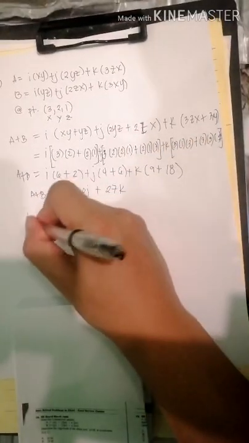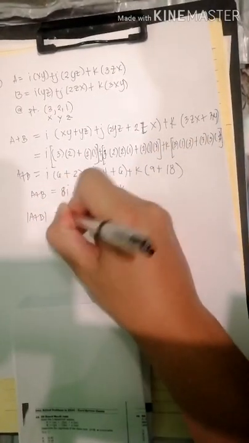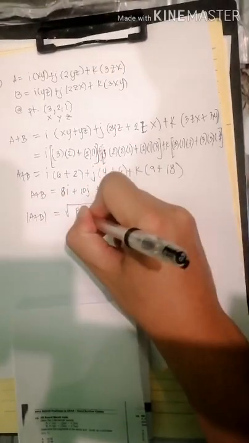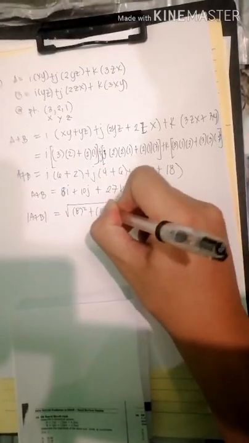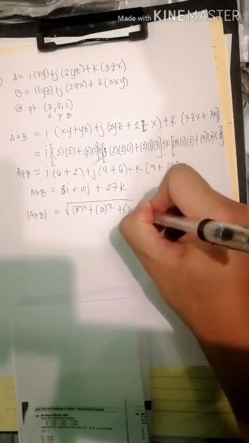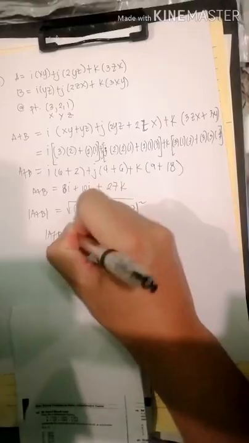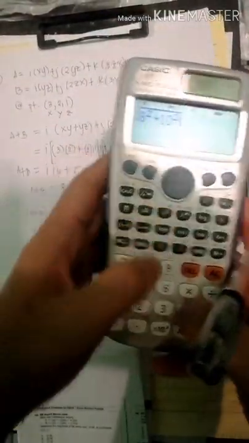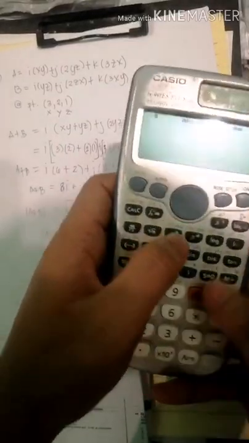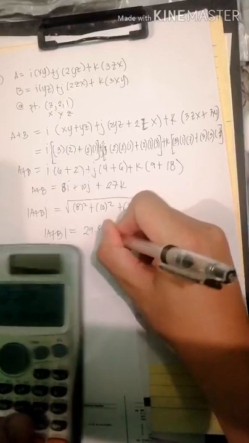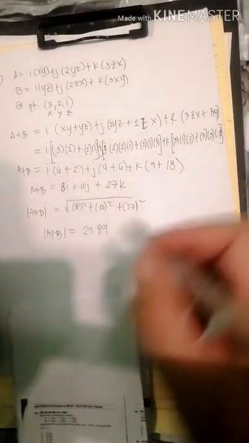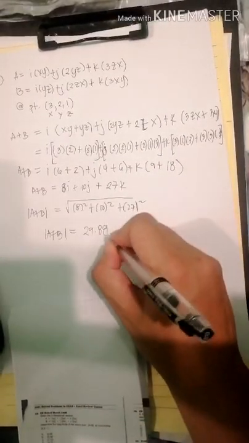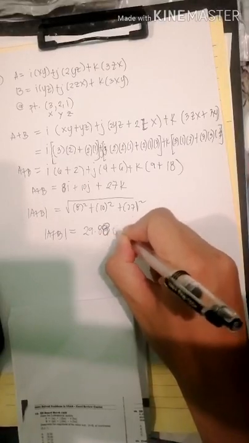The magnitude of A plus B equals the square root of 8 squared plus 10 squared plus 27 squared, which is 29.88 units.